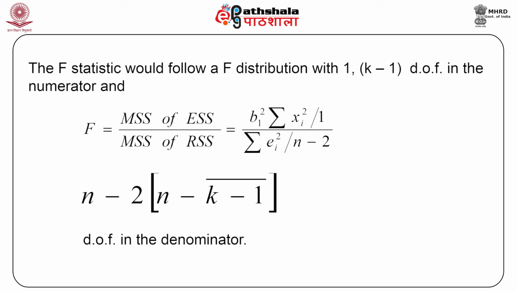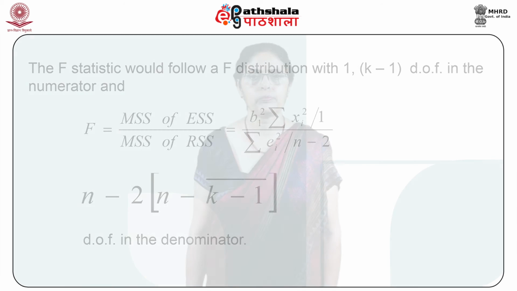This is equal to b1 square sigma xi square divided by 1, upon sigma ei square divided by n minus 2. The F statistic would follow an F distribution with 1 (that is, k minus 1) degrees of freedom in the numerator and n minus 2 (n minus k minus 1) degrees of freedom in the denominator.